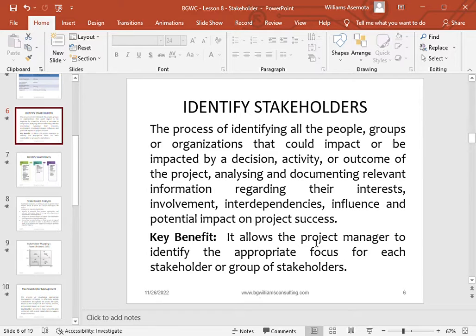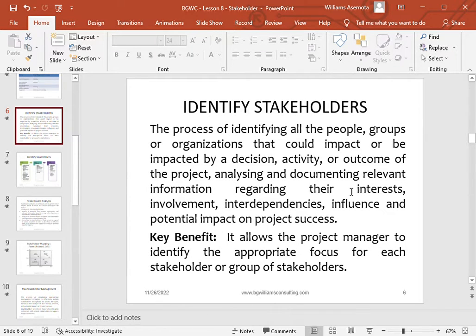Because all those stakeholders have interest, and they can influence your project to have a success, and they can also influence it to have a failure. All right, so that is why you must identify as much as possible so that you can easily carry all your stakeholders along in the project from the beginning.